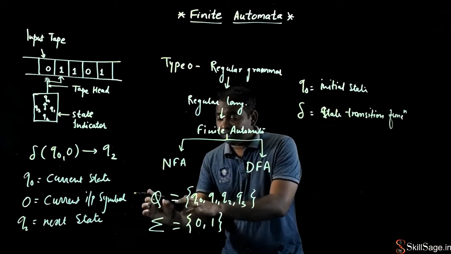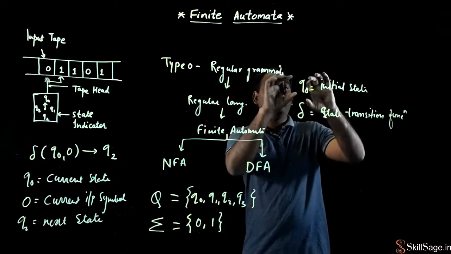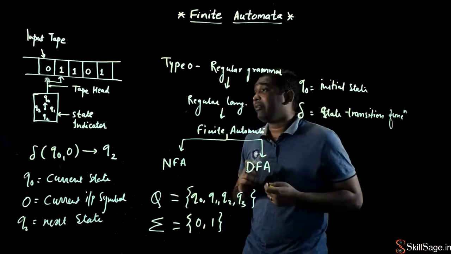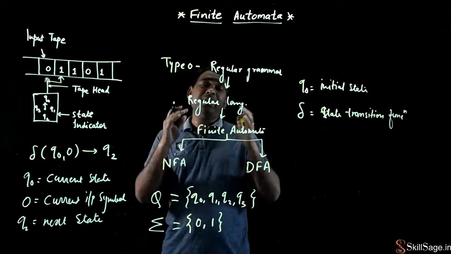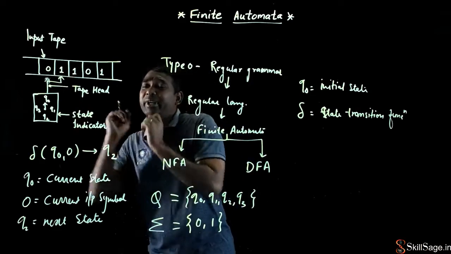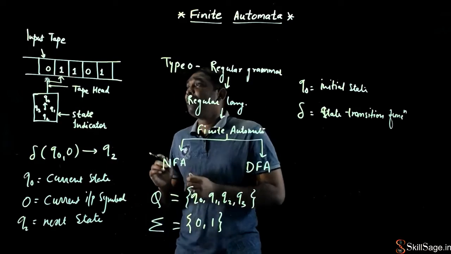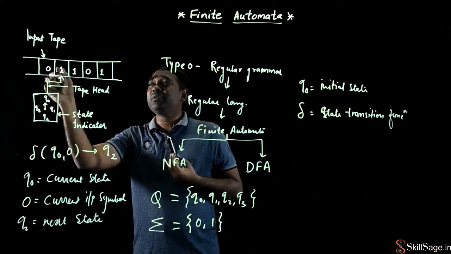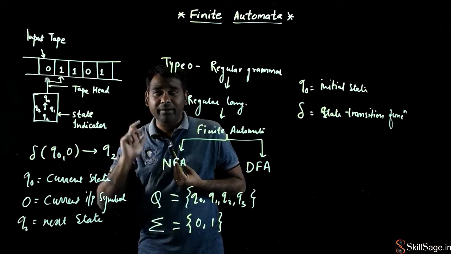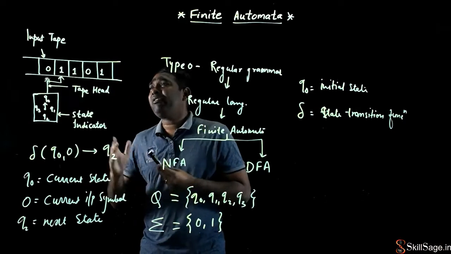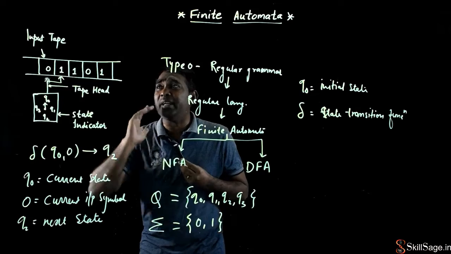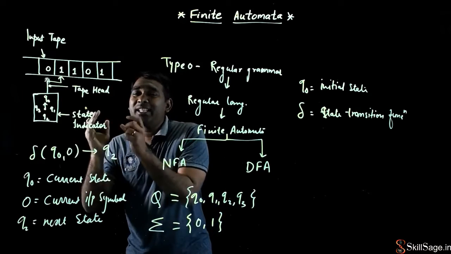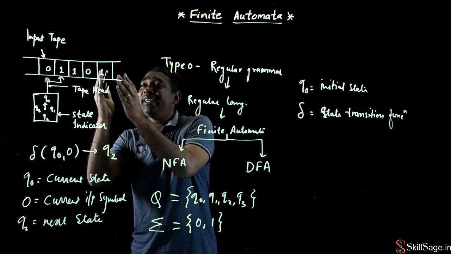Right. So this is the first tuple Q, sigma. I have got Q, I have got del. What about the last tuple, right? How do I come to know whether my finite automata is accepting this particular language or not? Say I'm having a string 0, 1, 1, 0, 1. This is my complete string. After reading the complete string, after reading this last one, I'll check what my current state is.